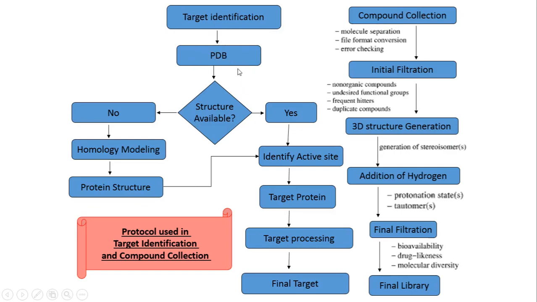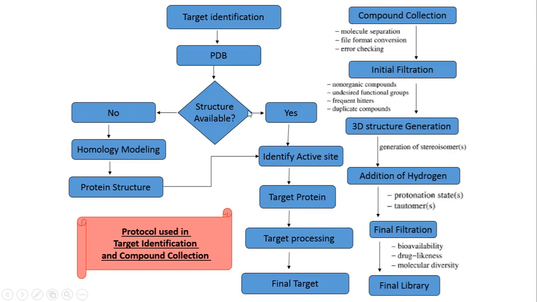Okay, then in PDB we ask ourselves a question: whether the structure of the identified drug target is experimentally solved, or whether the structure of the identified target is present in PDB or not.